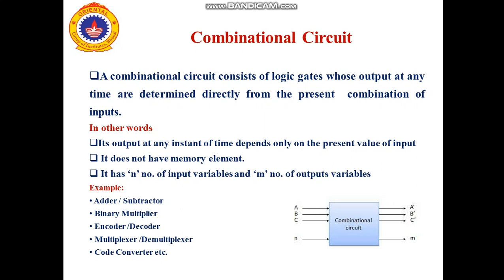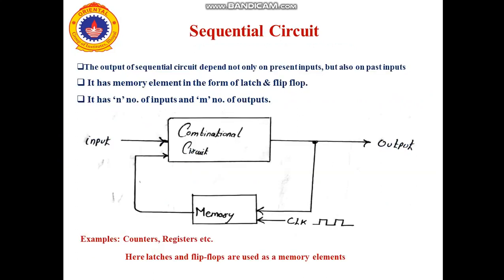One thing we need to remember is that a combinational circuit is a combination of logic gates and does not require any kind of memory element. As examples, adders, subtractors, binary multipliers, encoders, decoders, multiplexers, demultiplexers, and code converters can be used as combinational circuits.